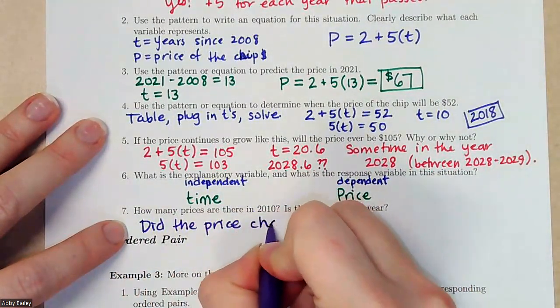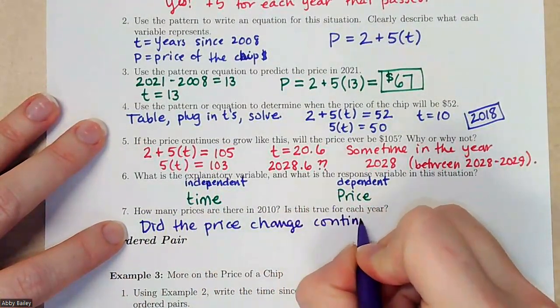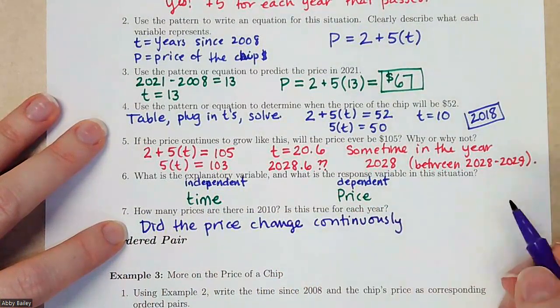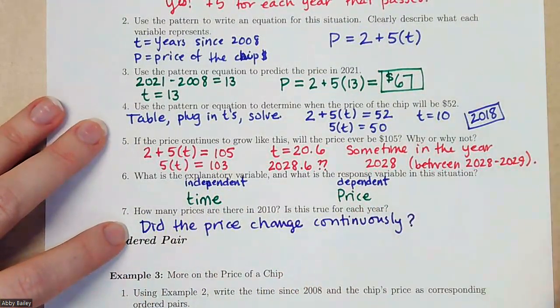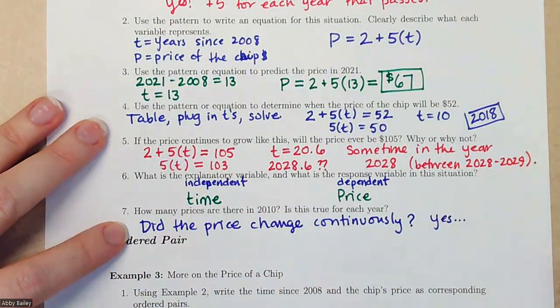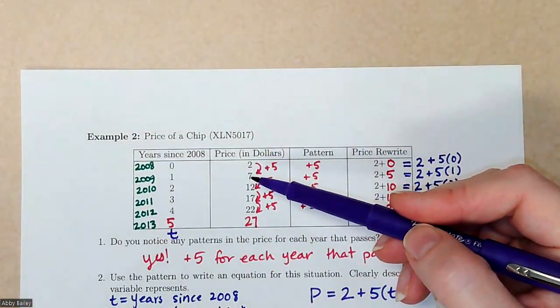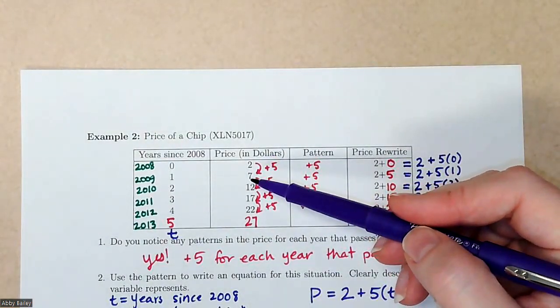Did it change little by little, or continuously? In my opinion, probably. So I would likely answer yes, but that is an opinion and a probably. It's my opinion that usually they don't do a big jump, but they just kind of gradually change through the year.